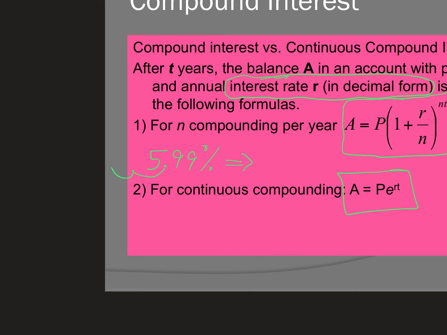You have to go to the left 2 places. So this is really 0.0599. There is a huge difference between those 2 numbers, especially when you calculate things. If you do not change your interest rate to a decimal, even if there's a decimal in it, you will get your answer egregiously incorrect. Very, very important.